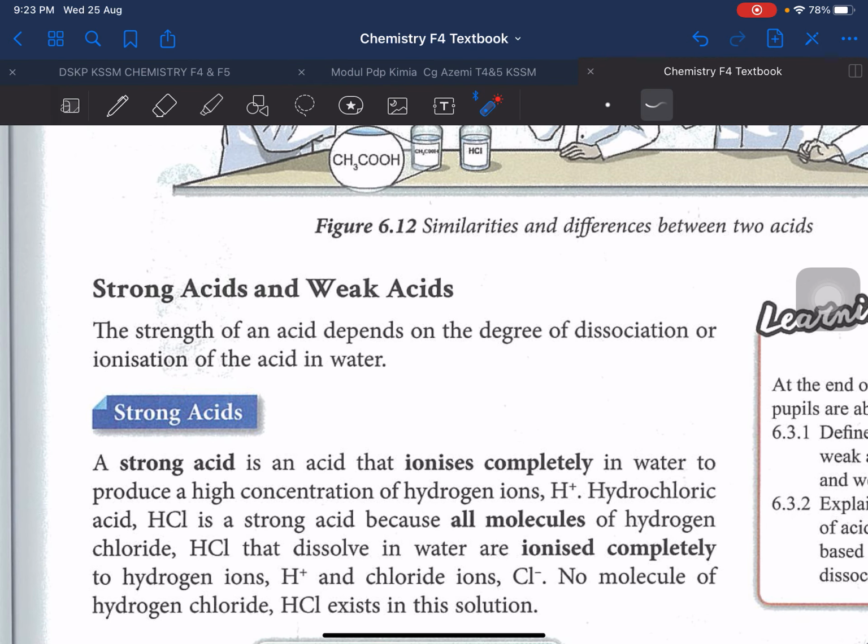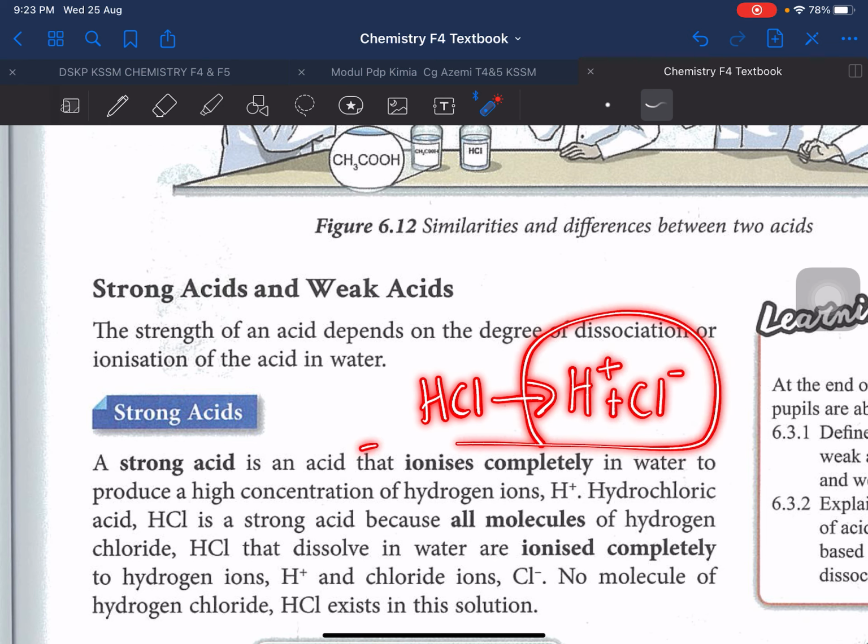The strength of acid depends on the degree of dissociation or ionization of the acid in water. Bergantung kepada darjah penceraian asid di dalam air. Penceraian atau pengayonan. Apa itu penceraian? Apa itu pengayonan? Yang inilah HCl. Bila dia bercerai, dia jadi H plus dengan Cl minus. So inilah darjah penceraian dia.